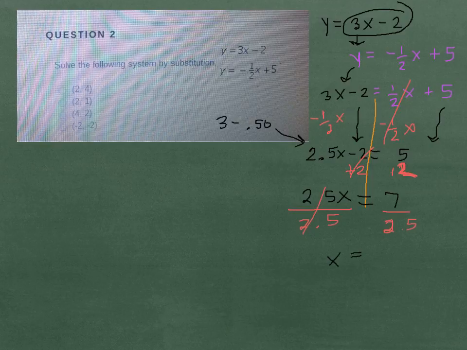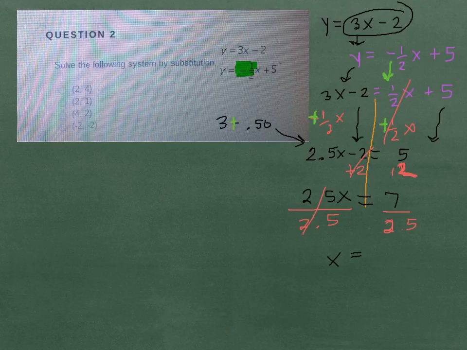I just noticed I made a mistake. At the beginning it was a negative 1/2, and I forgot that negative. So I apologize, but I have to go back and fix it. So right here, look, I forgot to put the negative. So then I should have gone plus 1/2 x, plus 1/2 x.